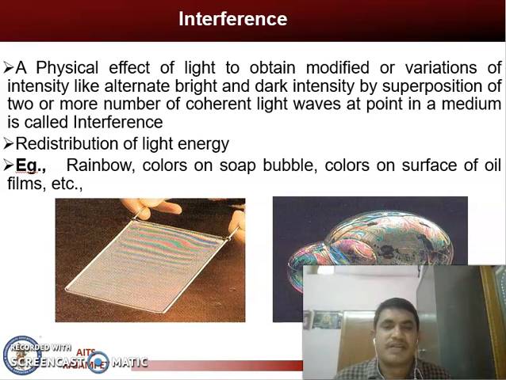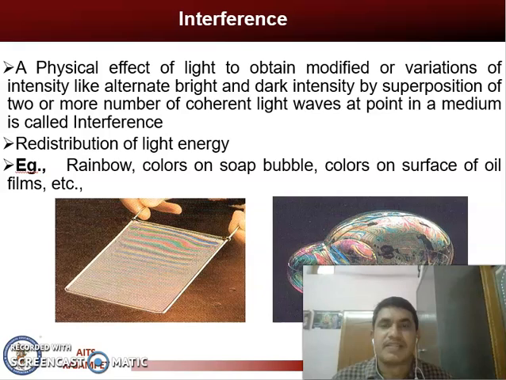Interference. The phenomenon of interference of light has proved the validity of the wave theory of light. Thomas Young successfully demonstrated it in his experiments on interference of light in 1802. Definition of interference: interference is a physical effect of light producing a modified or varied intensity, like alternate bright and dark intensity, by superposition of two or more coherent light waves at a point in a medium.